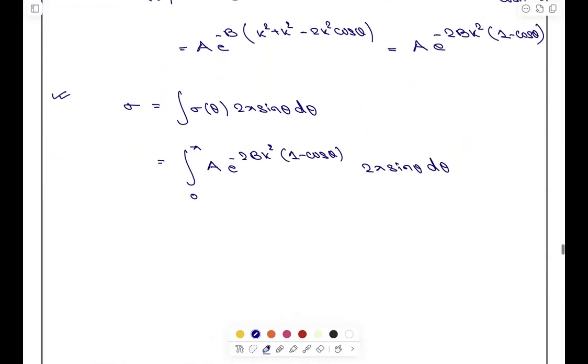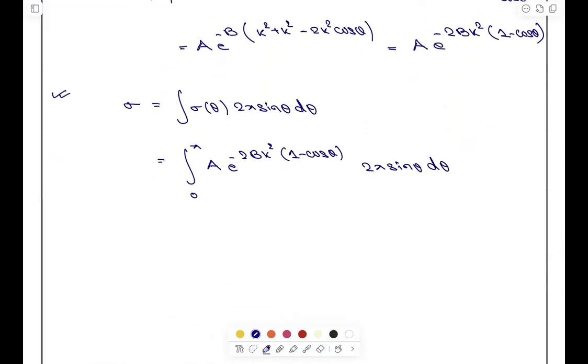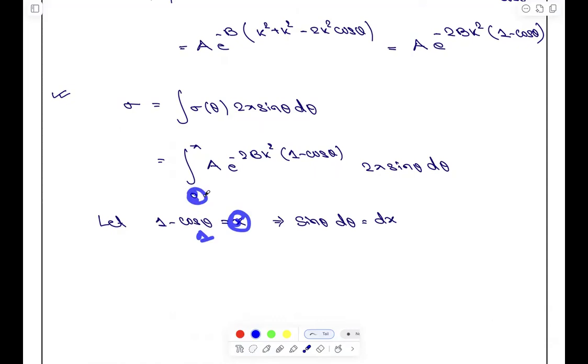Now you can substitute the value of 1 minus cos theta. Let's take 1 minus cos theta equals x. When you differentiate it, you can simply write that sine theta d theta equals dx. Similarly, when you put theta equals 0, x becomes 0, so the lower limit is 0 and the higher limit will be 2.